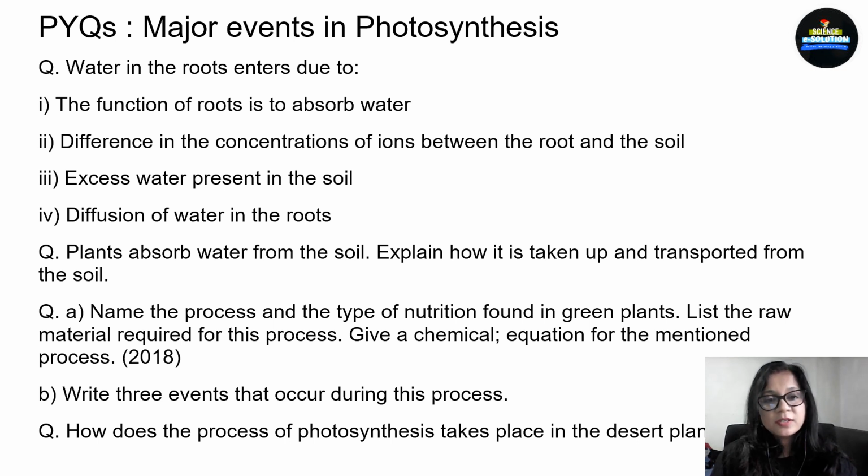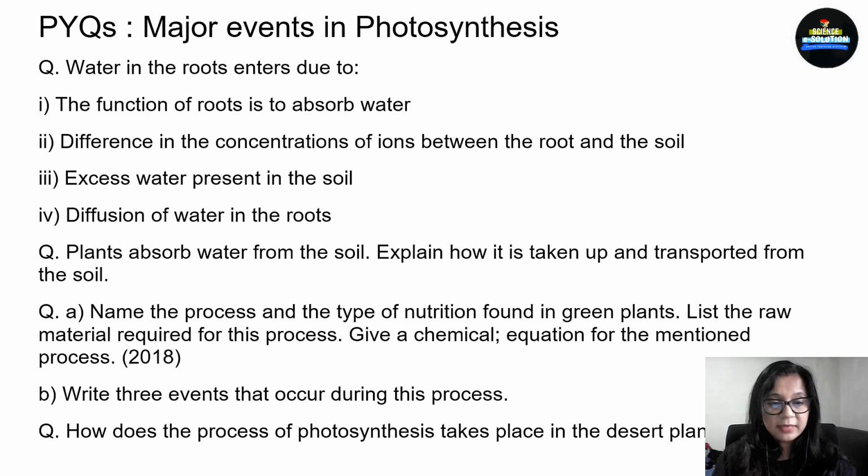Name the process and the type of nutrition found in green plants. Autotrophic nutrition, and the process is photosynthesis. The raw materials required for photosynthesis. This is a very important area where you need to focus. Four essential raw materials for photosynthesis: carbon dioxide, water, sunlight, and chlorophyll. Okay, now chemical equation.